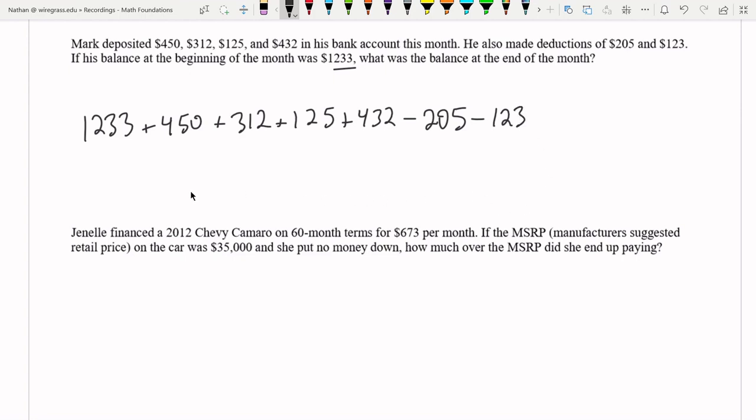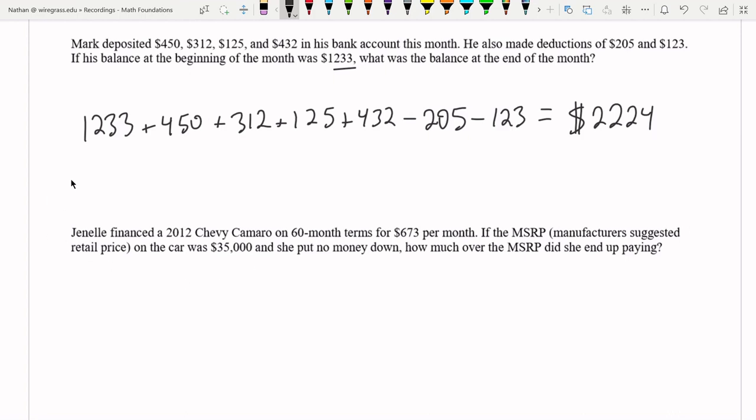All we have to do is calculate this, and going through. This is a perfect job for a calculator. I'm just going to go ahead and plug it in. Each individual one, 450, 312, 125, 432 minus 205 minus 123. And I find there is $2,224 at the end.